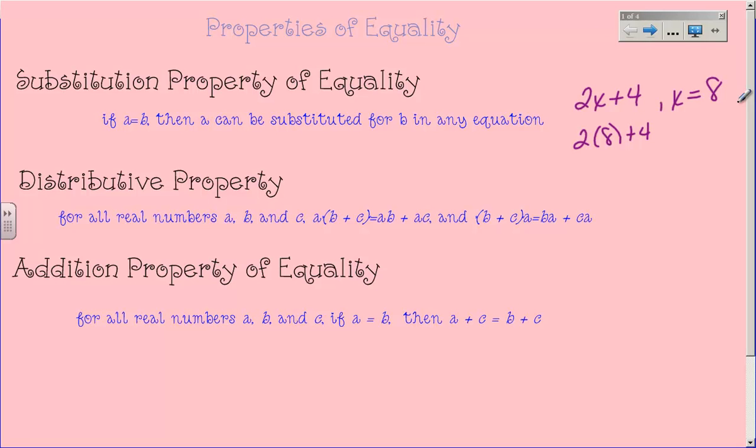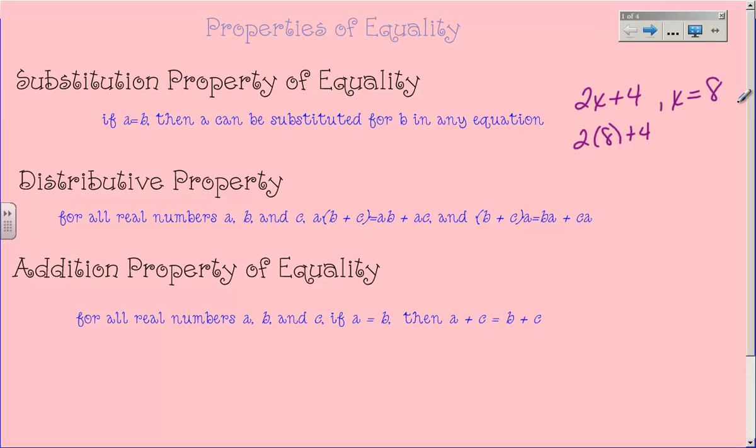The distributive property, which we have talked about, here's the fancy math definition for the distributive property. We did do distributive property, the hippity-hoppity mess. It says for all real numbers A, B, and C, A times the quantity B plus C equals AB plus AC. And then also the quantity B plus C times A equals BA plus CA.